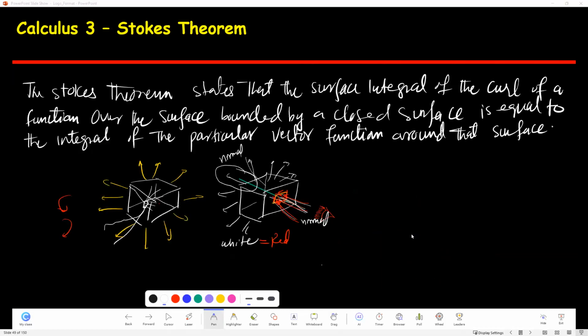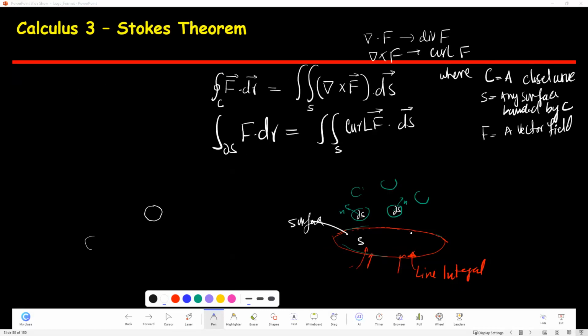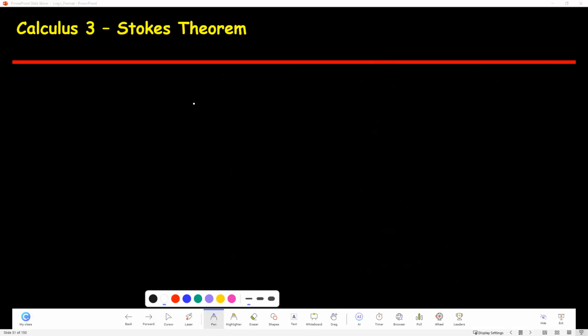Let's go here. Another example here. Use Stokes' theorem.